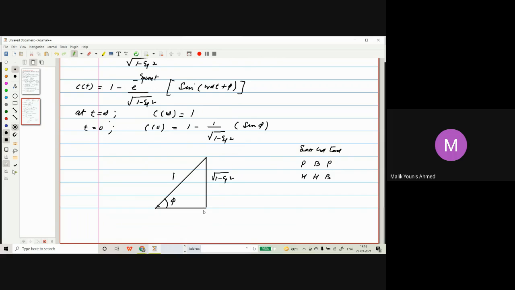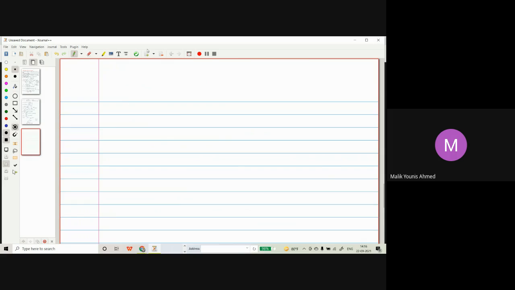When this is 1, then cos is base by hypotenuse, that should be xi. So we are very clear. This triangle is called the damping ratio triangle. You have to remember it. Sometimes it's asked.